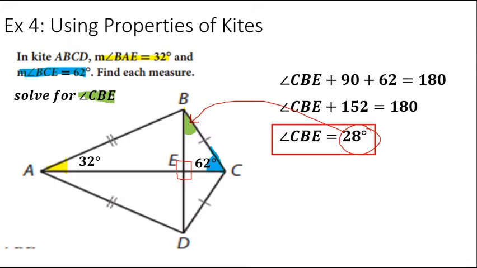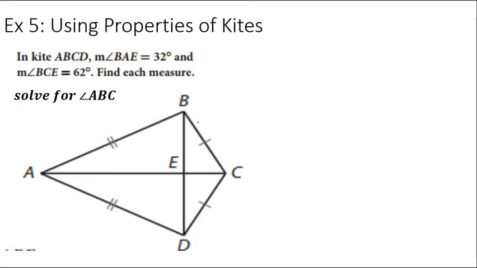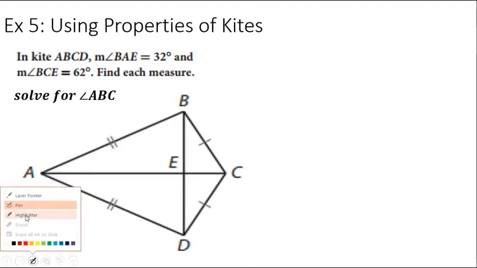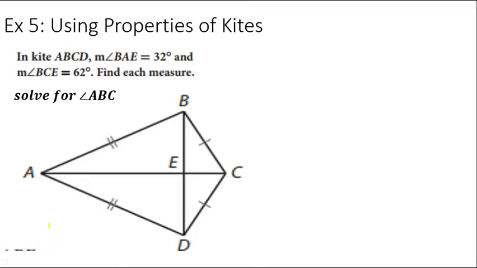Okay, so next thing, example 5. So we're still using the same diagram. So again, remember we still had angle BAE was 32, which is right here.